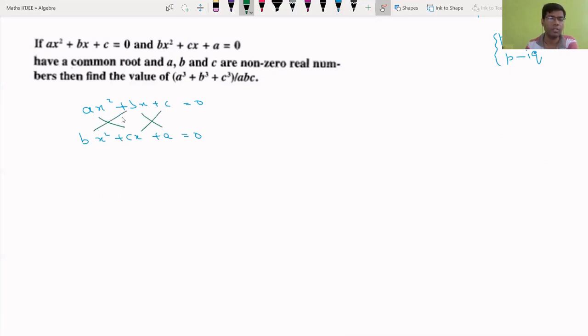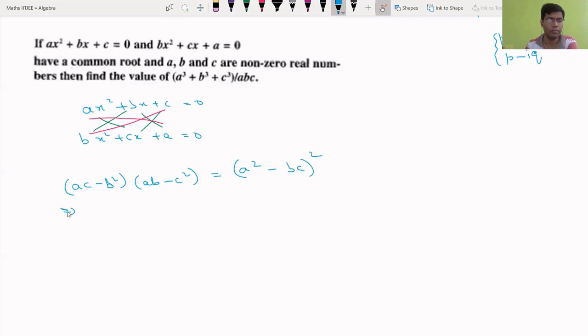We just have to cross and then a big cross here. So first write down the terms of the small cross. So it will be ac minus b square multiplied with ab minus c square is equal to the bigger cross a square minus bc whole square.